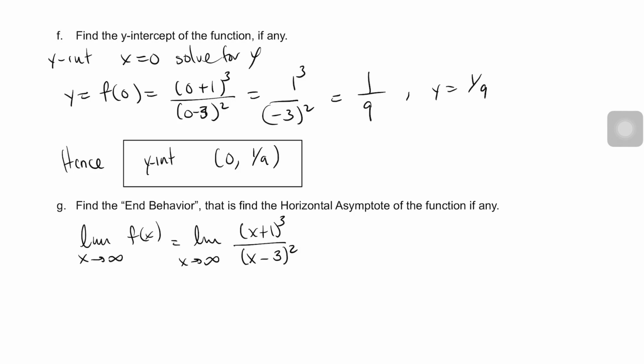So if we plug in infinity here, then you add 1 to infinity. Infinity plus 1 is going to be infinity. Infinity to the third.